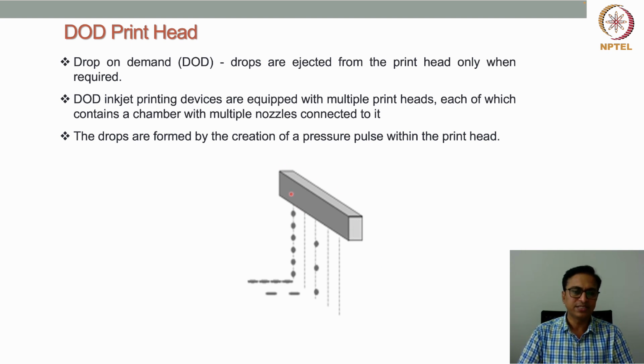That means inside this printing device there can be multiple print heads attached, and each print head can again carry multiple nozzles. So there can be thousands of nozzles connected to a single printing device, right? So that's how it is built. Whenever a pressure pulse or a signal is given to the printer, only at that time the droplets will be generated. If no signal is given, the droplets will not be generated.